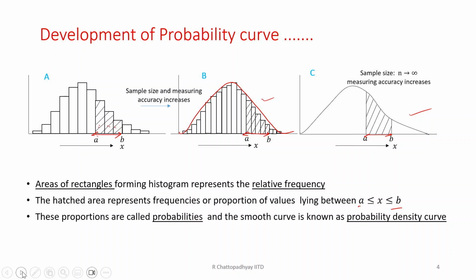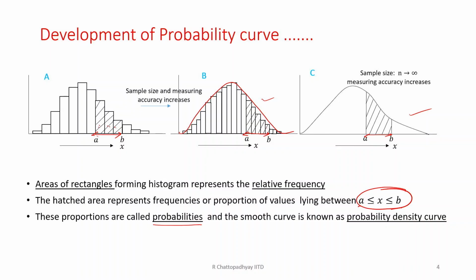So remember, it is the area that is basically the probabilities. These proportions are called the probabilities. So the proportion of values lying between A to B is the probability that X is going to take values between A to B.